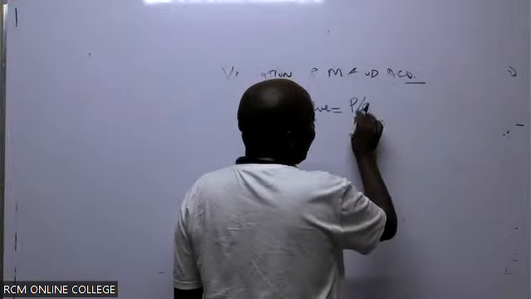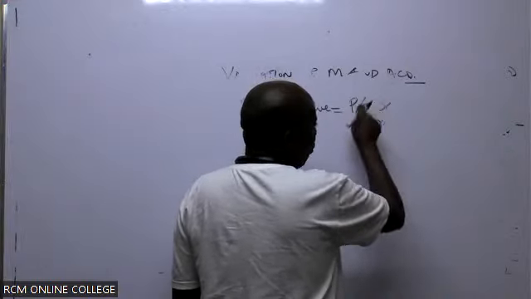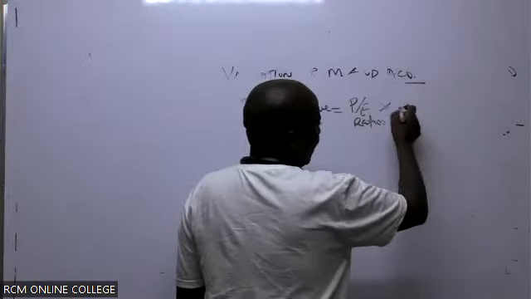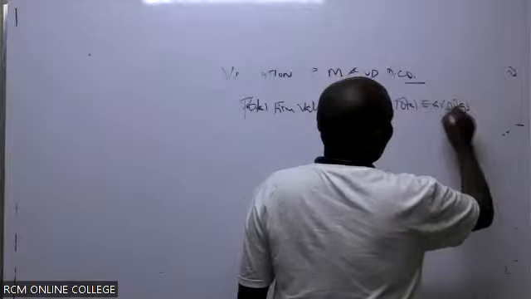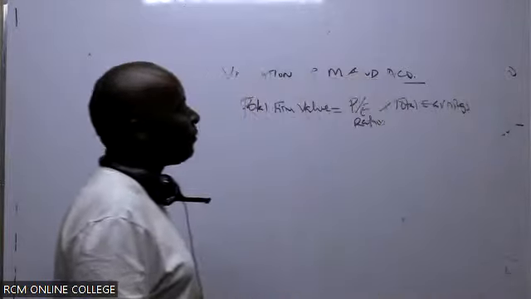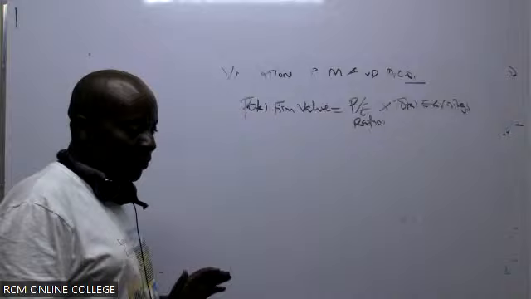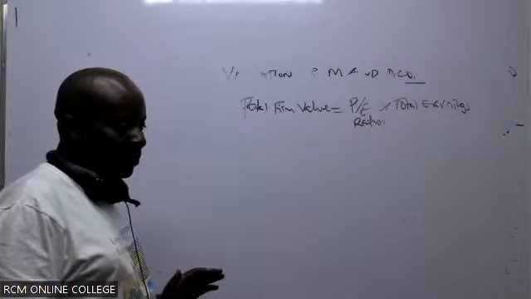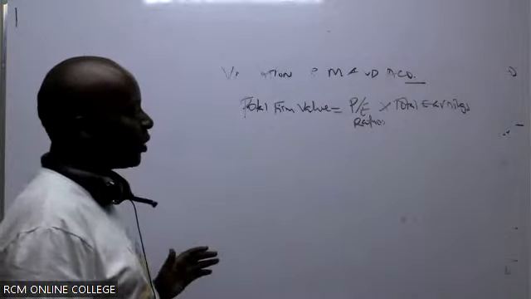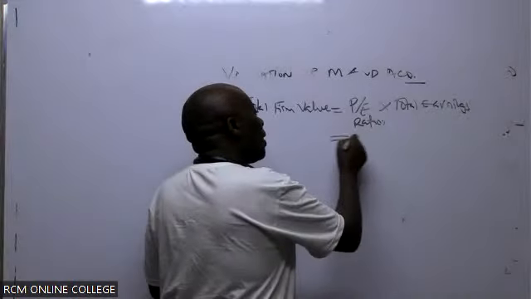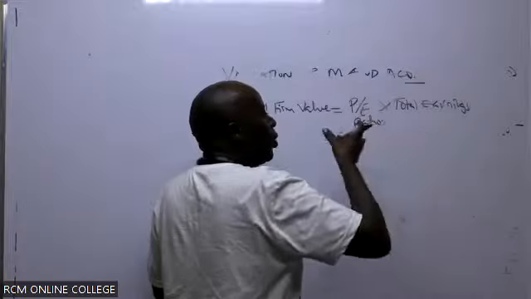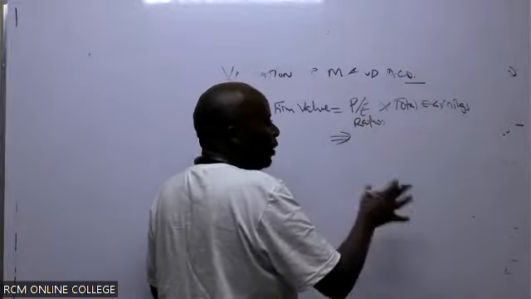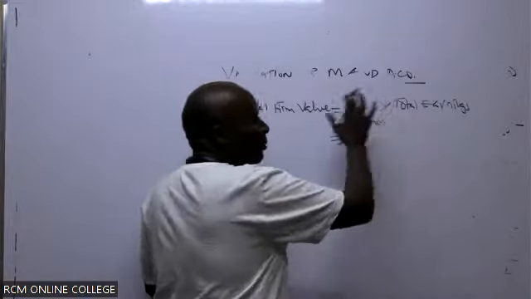The PE ratio given must be multiplied with total earnings, for it to be compatible. So the PE ratio will be given, and the total earnings of the firm that we'll be looking at valuing will also be provided to you.